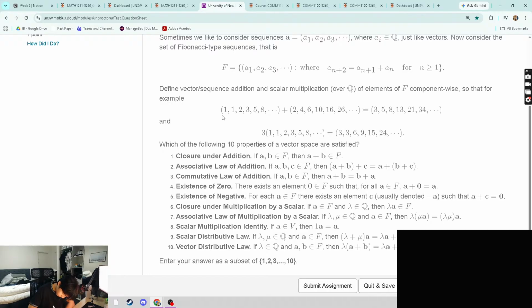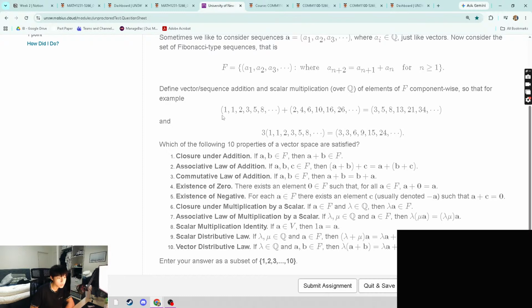Minus 3 times 1, 1, 2 is equal to minus 3, minus 3, minus 6, minus 9. But that is not in F, because minus 3 plus minus 3 is equal to 0 and not equal to minus 6.